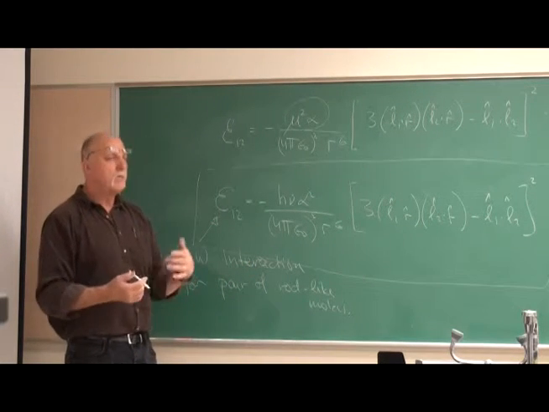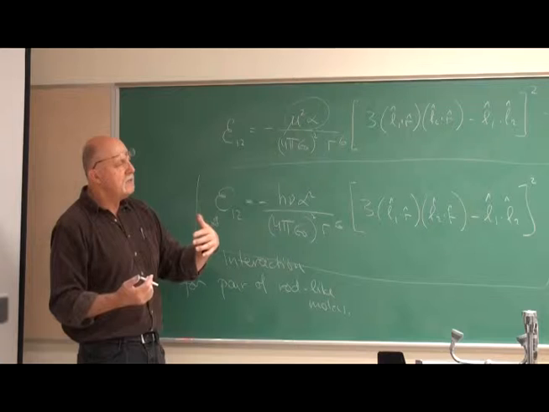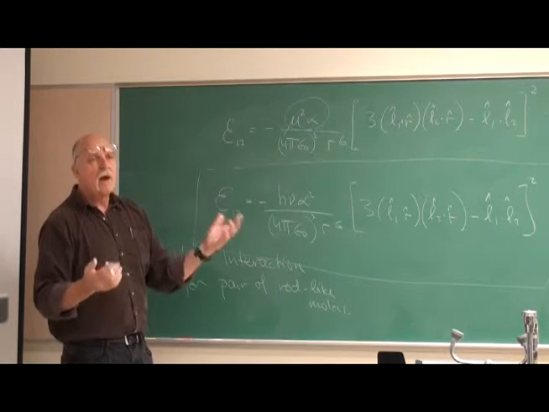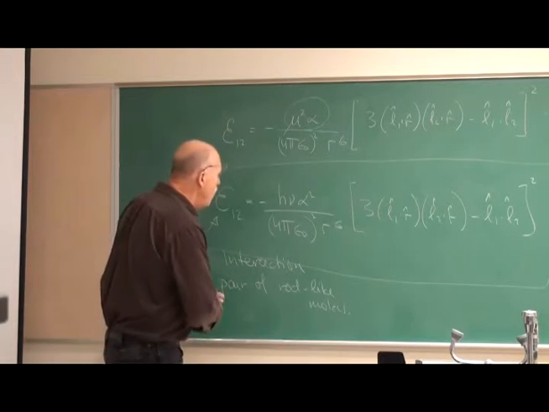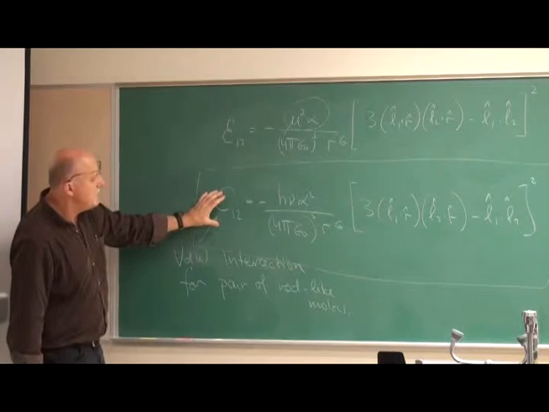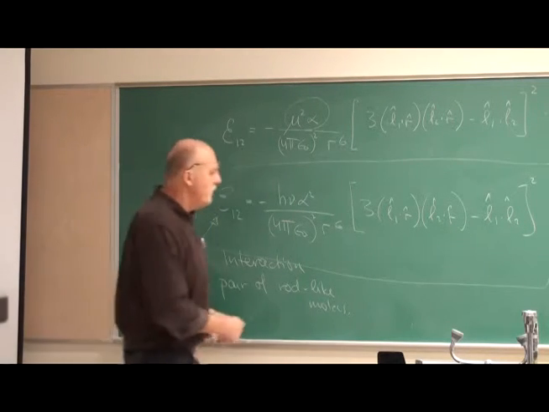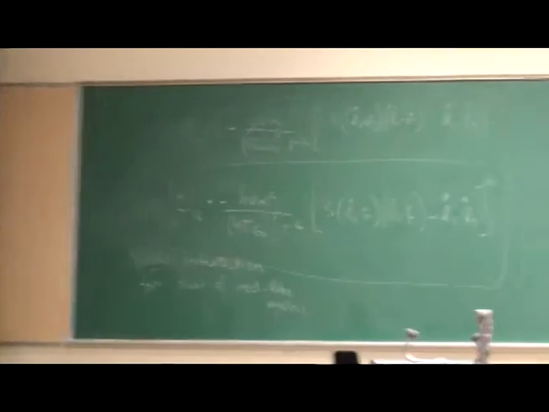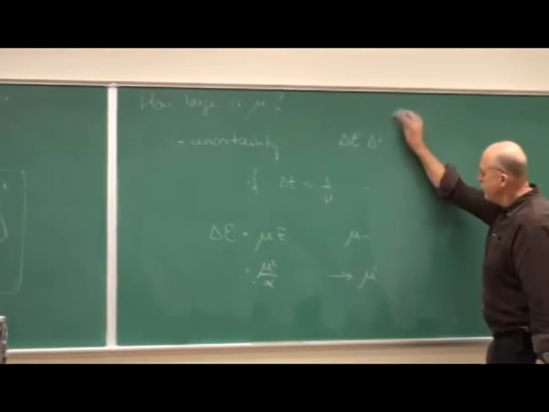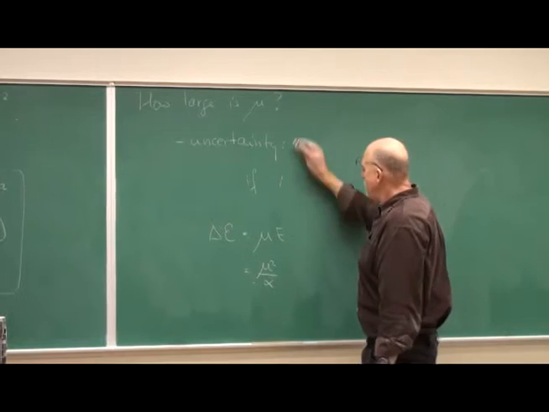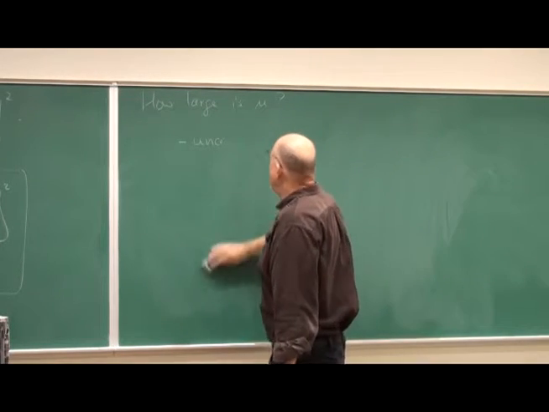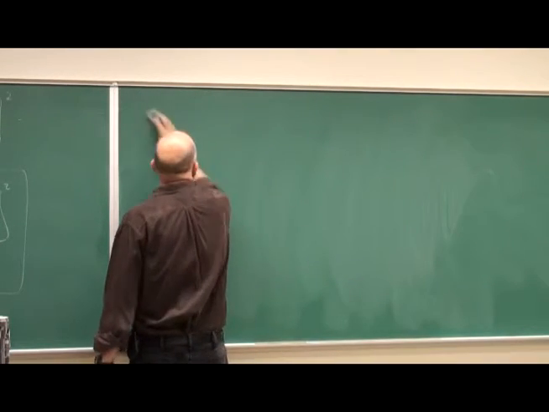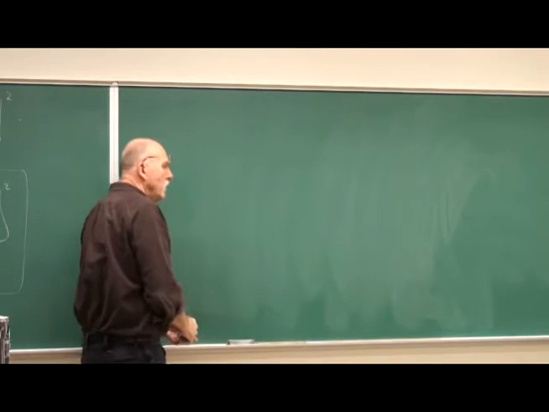Okay, so once again, why are we doing this? We're doing this because we want to write down the potential energy for our molecule. So now we know what the interaction energy is between two of them. And nu is the resonant frequency of the rod or of the atoms in the rod?